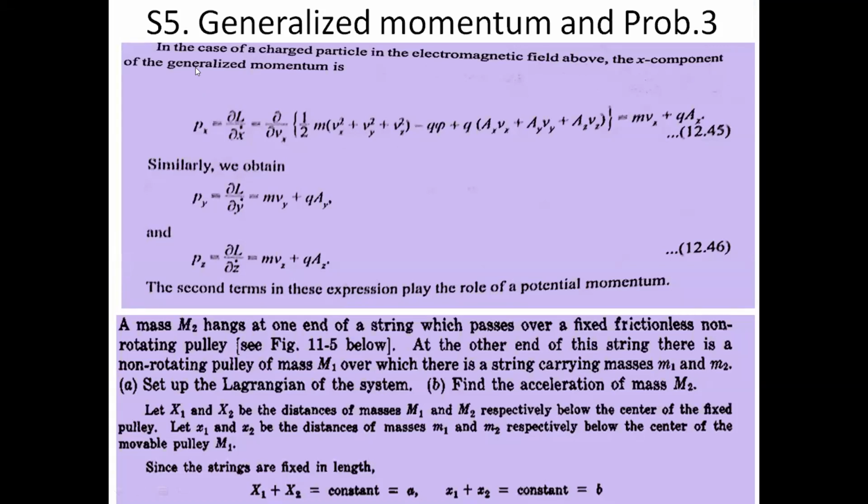I immediately get, after differentiation, which I really don't have to do, because ẋ is Vx, ẏ is Vy, ż is Vz, the velocity components, the generalized momentum components, mVx plus qAx, and similarly mVy plus qAy, mVz plus qAz. The first term is of course the usual momentum component, and the second term in these expressions is called potential momentum.